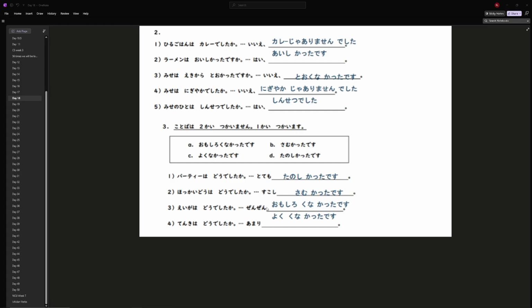Say that again. Yeah, you got the interpretation correctly, but can you read the response one more time? Zenzen omoshirokunakatta desu. Not omoshiroi. Yeah, you just missed the kuna. Okay. Omoshirokunakatta desu. Yeah, it wasn't interesting at all.